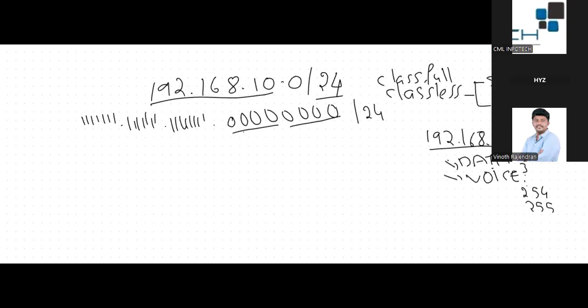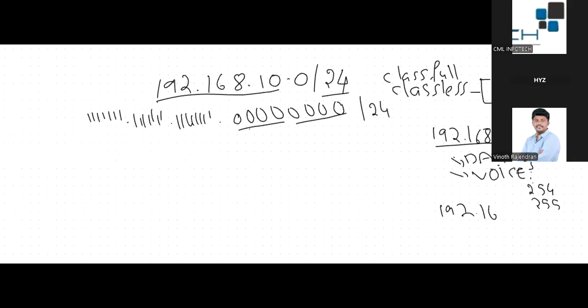Example, 192.168, let's say, 11.0, another network with a /24. Again, I have 254 valid IPs. But looking into this, I have only, let's say, 50 data points and 50 telephone points.